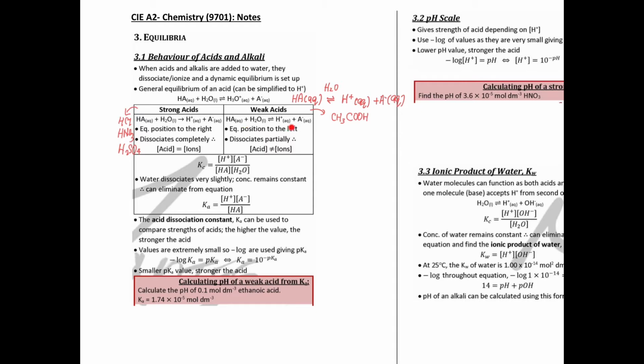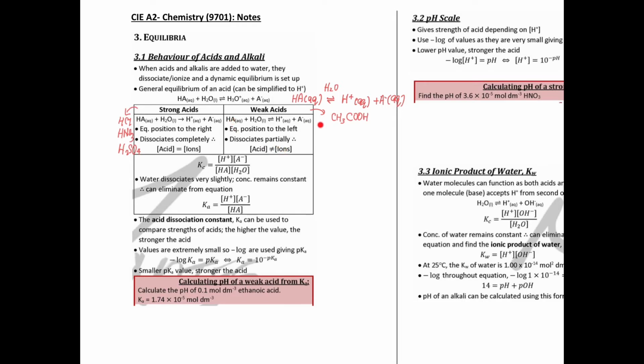The equilibrium position is to the left, meaning that when they achieve equilibrium, we still have a lot of acid remaining as molecules, and only a small percentage changes to ions. So there is a lot of undissociated molecule. They dissociate partially, and because of that, the concentration of acid is not the same as the concentration of ions.